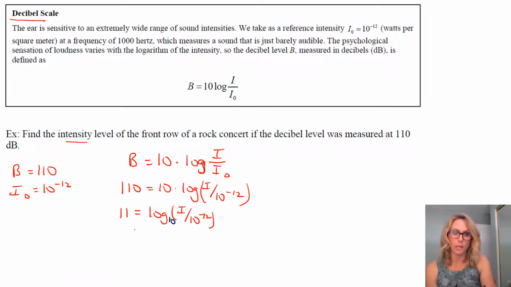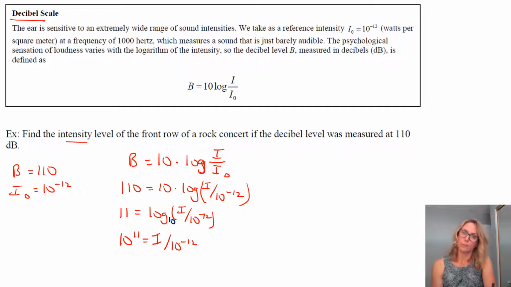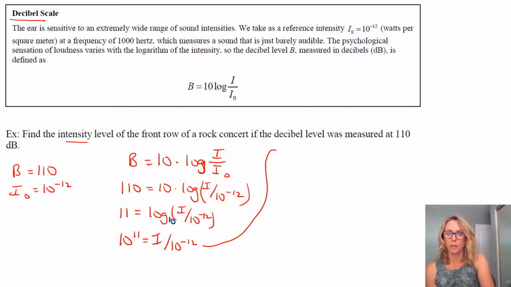So now we can rewrite 10 to the 11th equals this inside, I divided by 10 to the negative 12. And then of course, we can get our I by itself by multiplying both sides by 10 to the 12th. So 10 to the 11th times 10 to the negative 12 should give us I. And in reality, these are the same base, so we can just add the exponents.